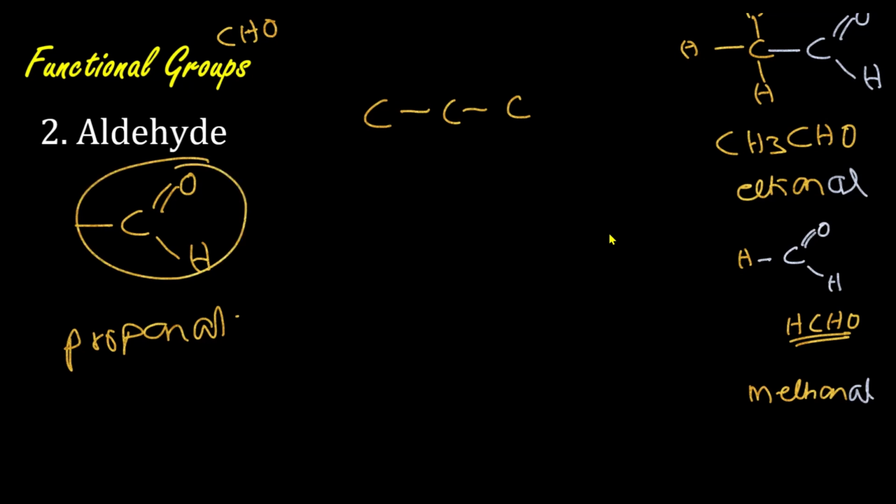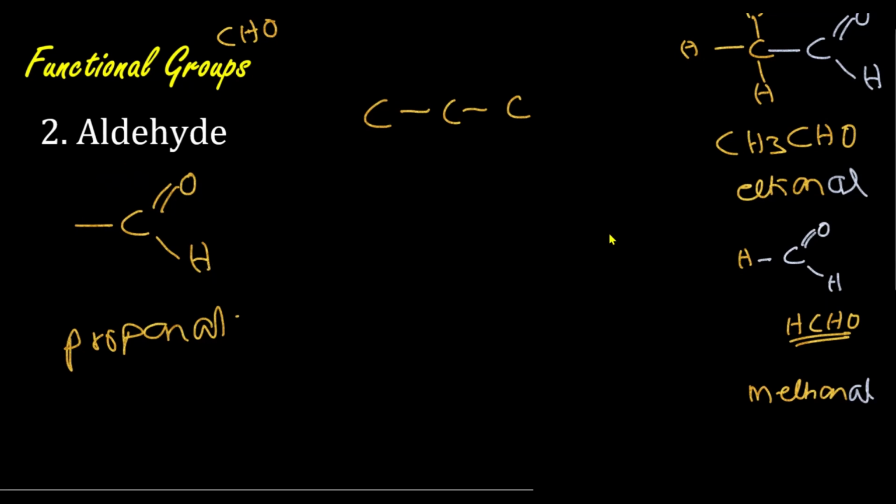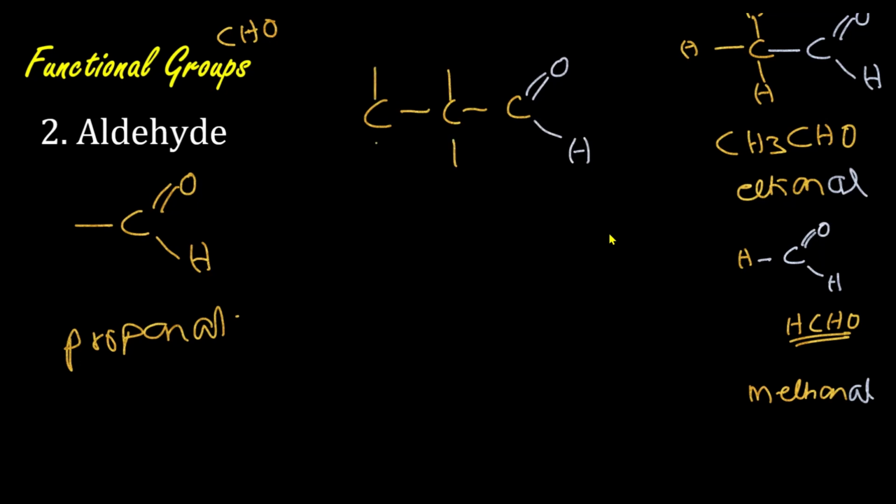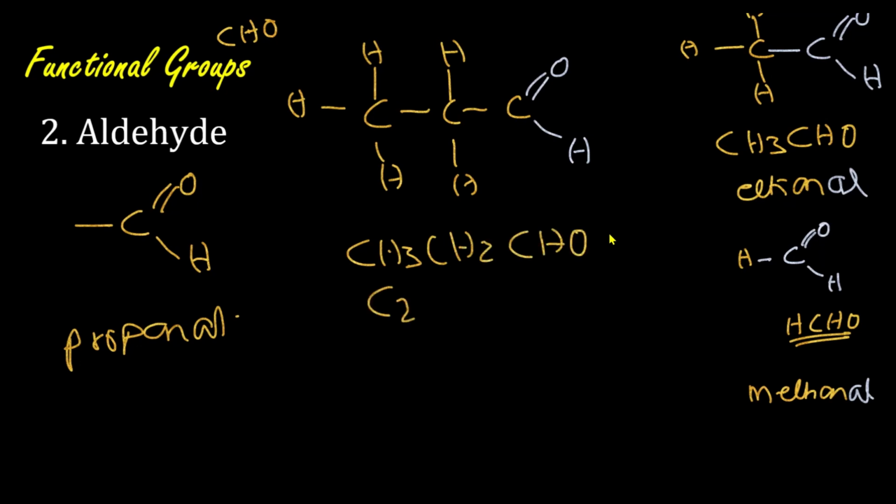Since I know it's going to be an aldehyde, I'll first draw double bond O and single bond H here. And wherever there are unsatisfied valencies with carbon, I'll attach hydrogen. When it comes to the formula, either I can write CH3, CH2, but CHO has to be like this, or I may club all these together and write this as C2H5CHO. Now the name, as I can say, is propanal, right? That's how we made it. And similarly, you can make other compounds.